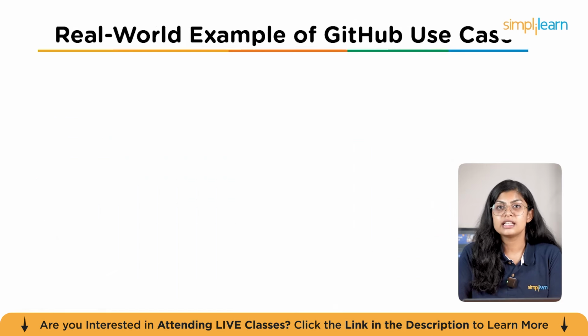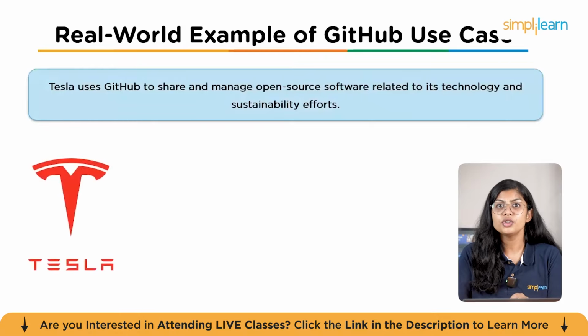Some of the real-world examples of how GitHub is used across different industries: automotive, Tesla. Tesla uses GitHub to share and manage open source software related to its technology and sustainability efforts.